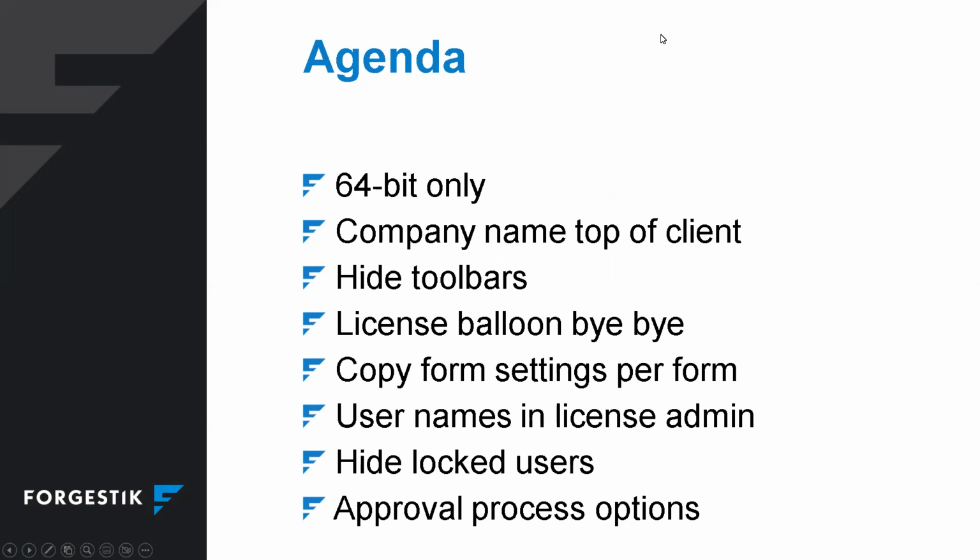The first one I'm going to talk about is the 64-bit only. If you have heard me talk about it before, I was 32-bit for life. My experience was that the 32-bit was just more tested, and I wasn't really a fan of the 64-bit. I didn't find there was much advantage.